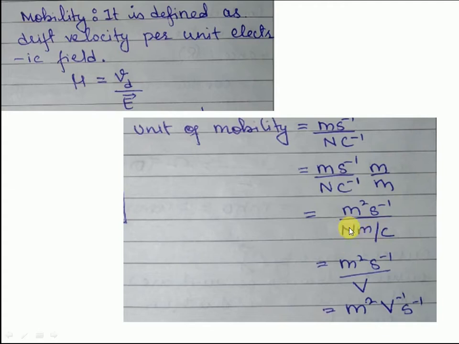Newton meter per coulomb, that is work done per charge, is the potential. So this will be meter square per volt per second, which is another unit of mobility. You can just memorize this if you don't want to do this derivation, or if you want to understand, you can go through it: just multiplying with meter and meter to make this the potential, that is volt.